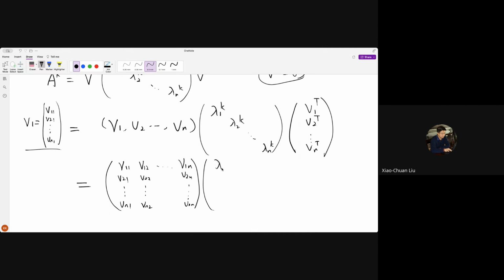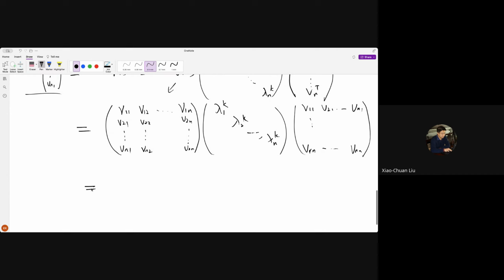Then we have the diagonal matrix with lambda n to the power of k at the end, and then the transpose of the matrix V, with rows V11, V21, ..., Vn1, and so on, up to V1n, ..., Vnn.